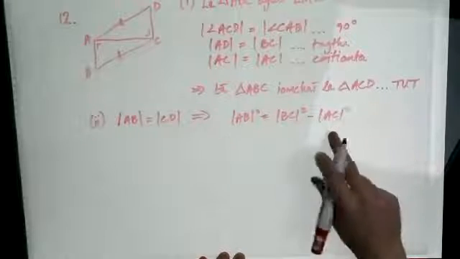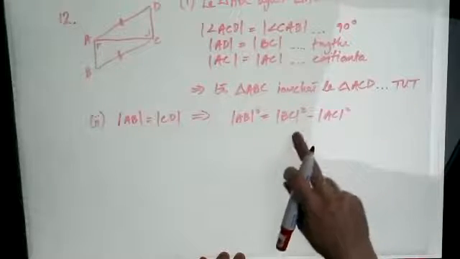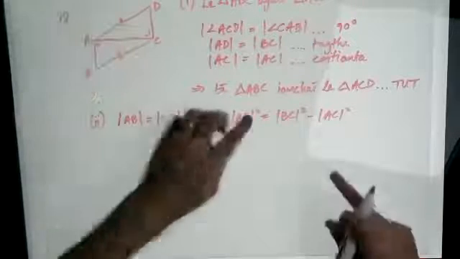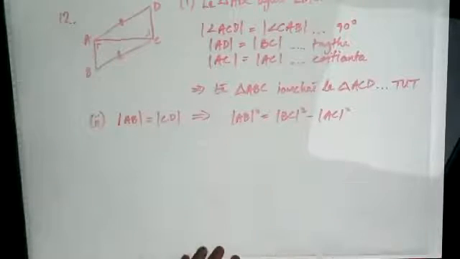Just go to Pythagoras theorem, because AB squared plus AC squared equals BC squared, and then just transpose AC squared.